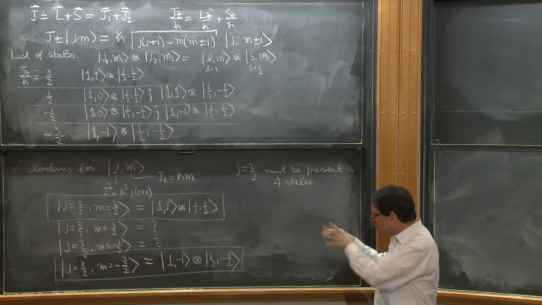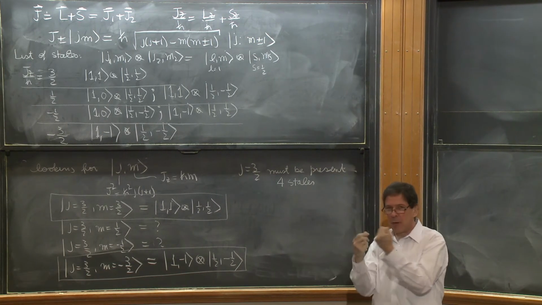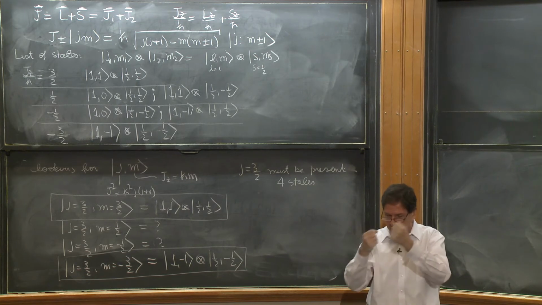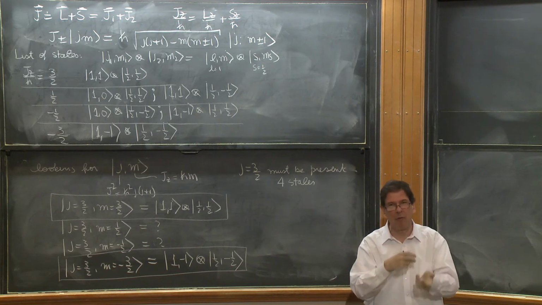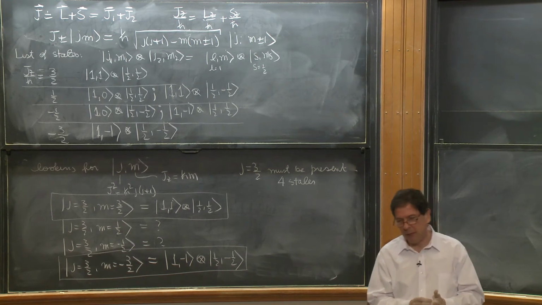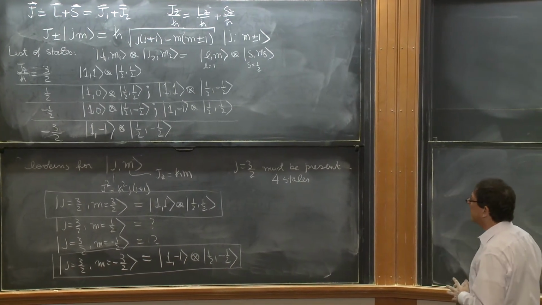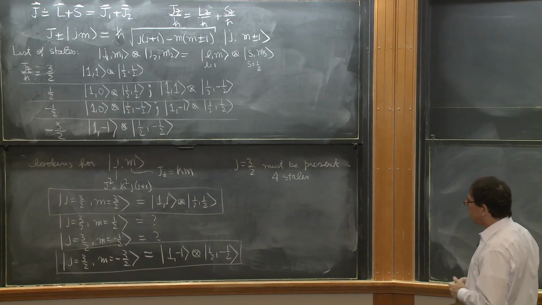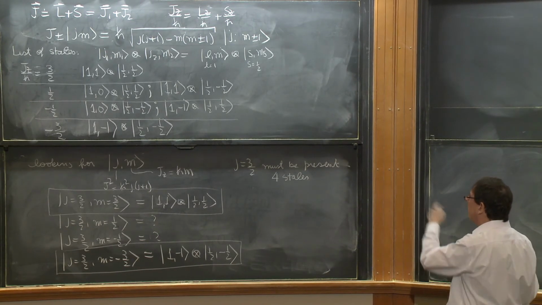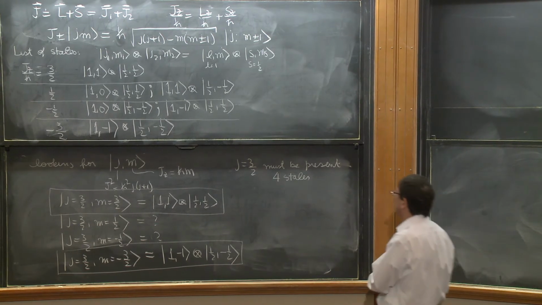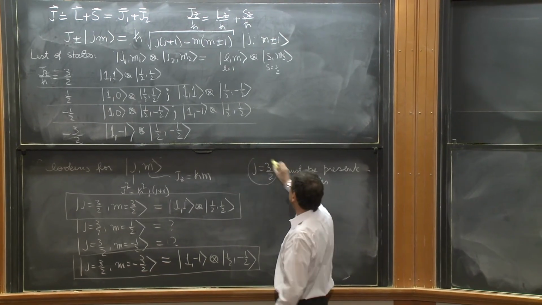But we want to look a little and get some intuition about how this entanglement of L and S works in order to form the states of the total angular momentum.